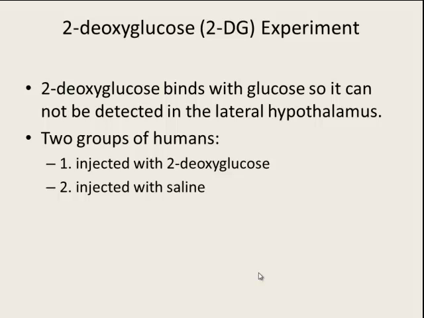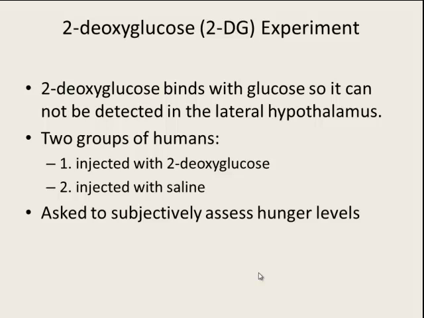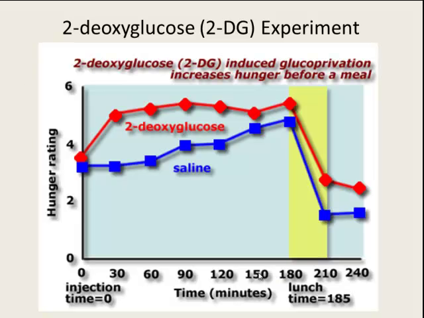One group was injected with 2-deoxyglucose, the other was injected with saline as a control. And then they were asked to subjectively assess how hungry they were. Simple, subjective. And the people injected with 2-deoxyglucose had a higher hunger rating, even though both groups were given the same amount of food.